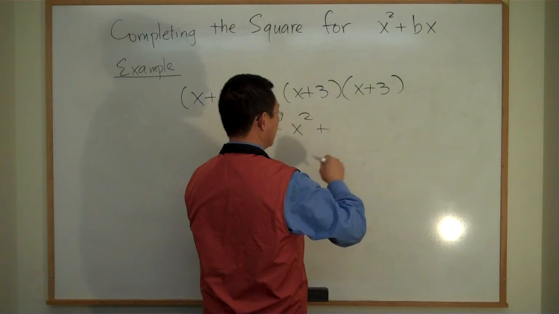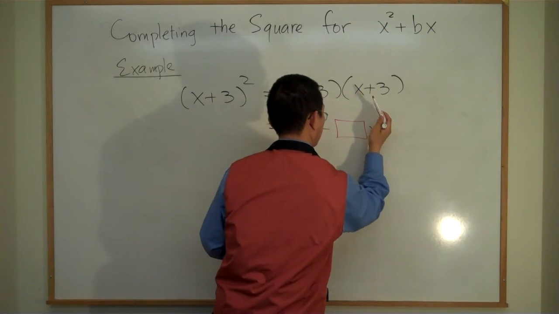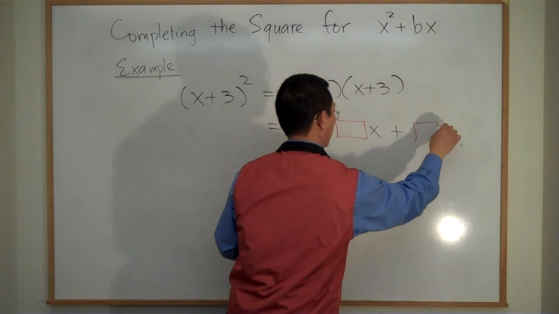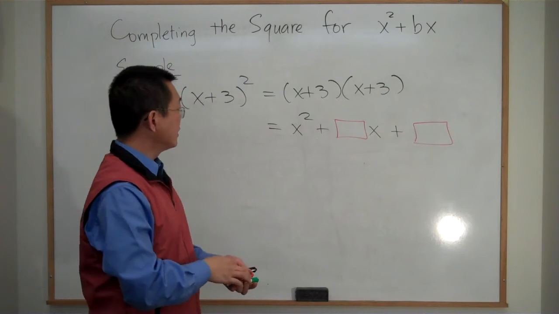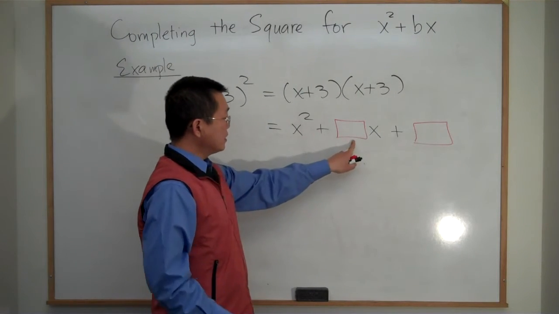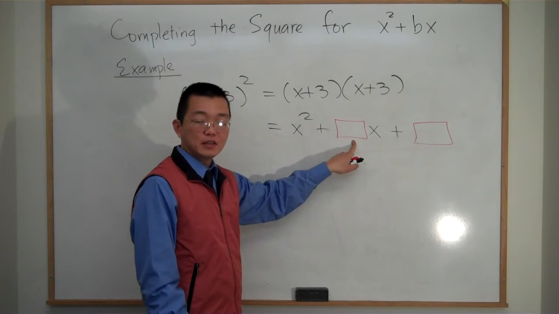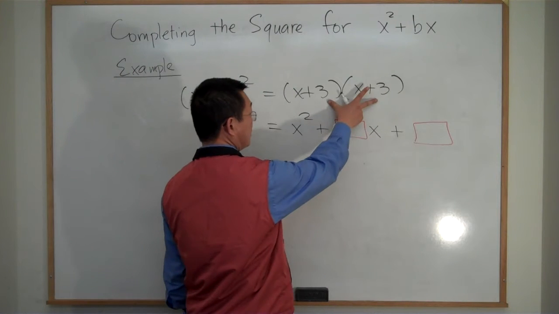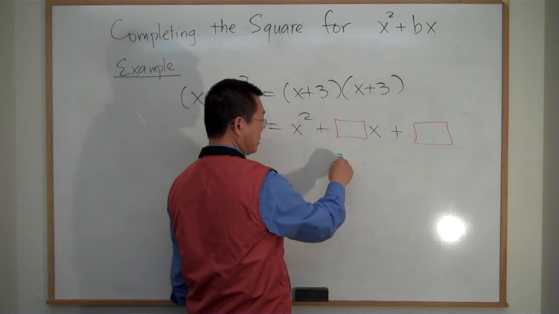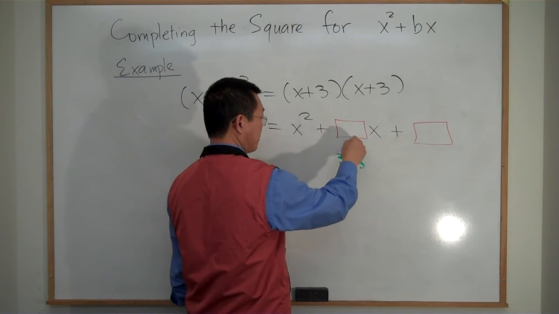And what would be the coefficient of x? And what would be the constant coefficient? Precisely speaking, the coefficient of x is exactly the total of the two constant terms over here. That's 3 plus 3 should go in here.